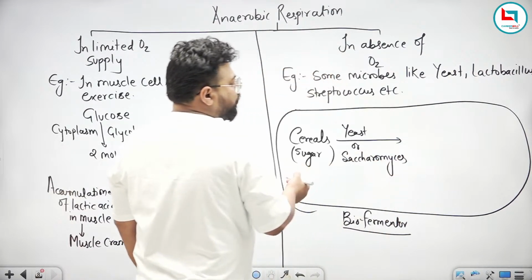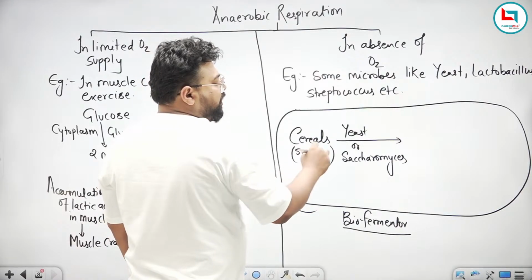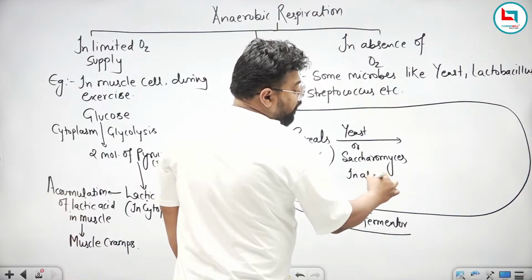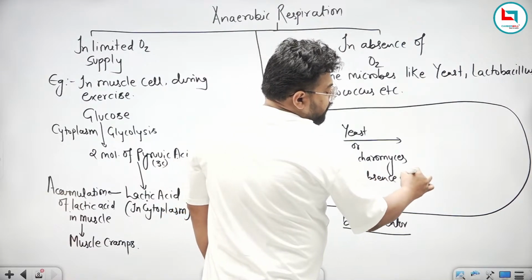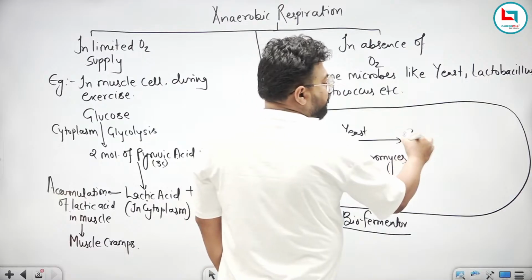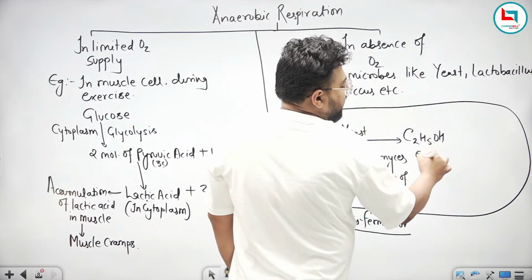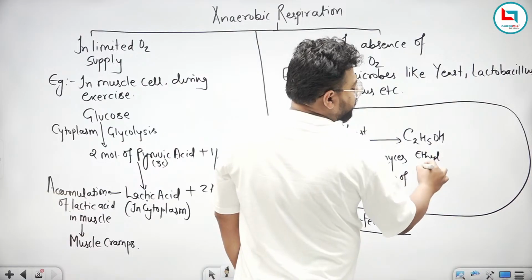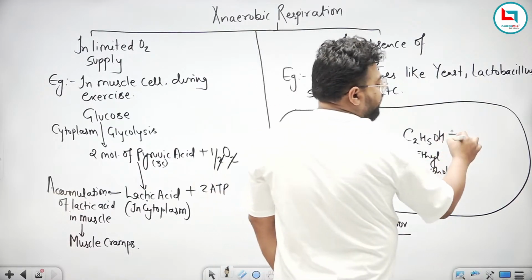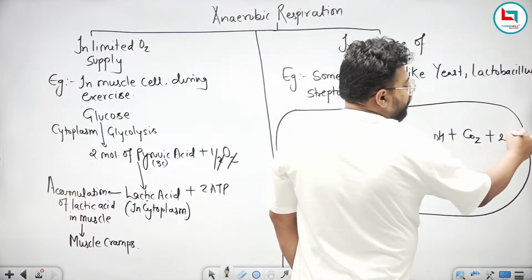What yeast will do is convert the sugar which is present in the cereals, in absence of oxygen, into an alcohol C2H5OH, that is ethyl alcohol, plus carbon dioxide plus 2 ATP again.